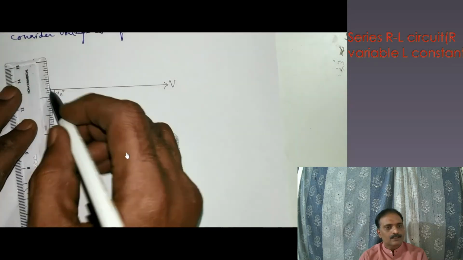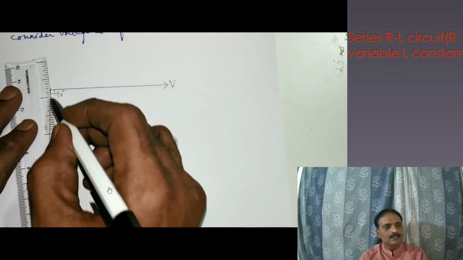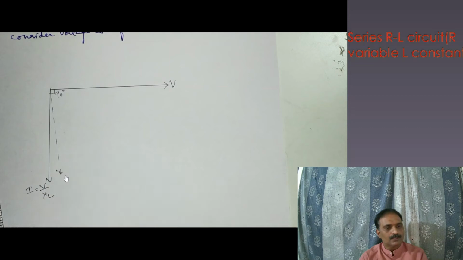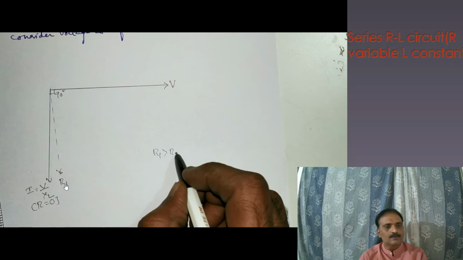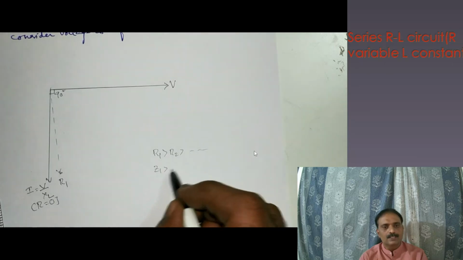Next, at this point the resistance is 0, and slowly when the resistance is increased, we are going to have a phase angle less than 90 degrees. Here R1 is the new value of the resistance. We consider R1 is less than R2, which is less than R3, and so on.